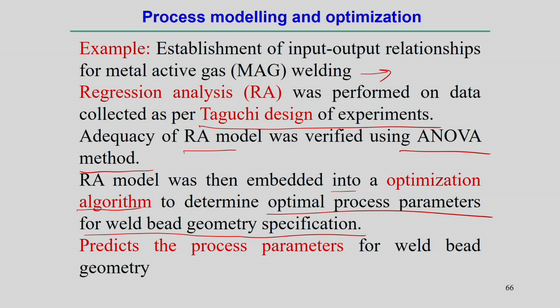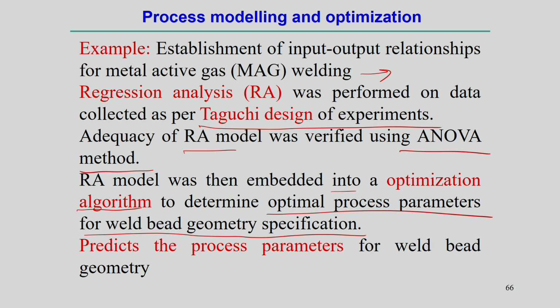Now, we can optimize. Suppose we are looking for a desired weld dimension. We utilize the relation between input and output through the regression model analysis, and then we pass the desired output through the optimization algorithm to find what the input parameters should be to get that particular weld dimension.